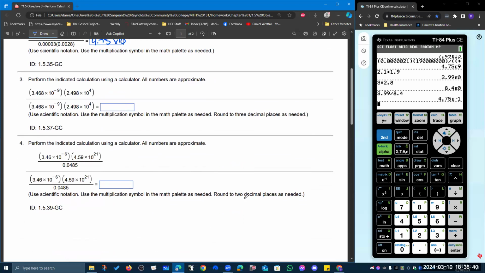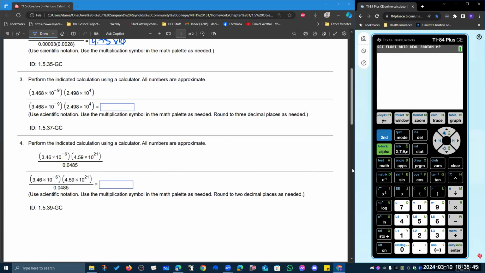All right, now they've written it in scientific notation for us. So let's just go ahead and enter it in scientific notation in the calculator. So 3, let's put the parentheses here, 3.468. And then I'm going to use the second EE for times 10 to the power of -9. And then times 2.498, again, second EE for times 10 to the power of 4.